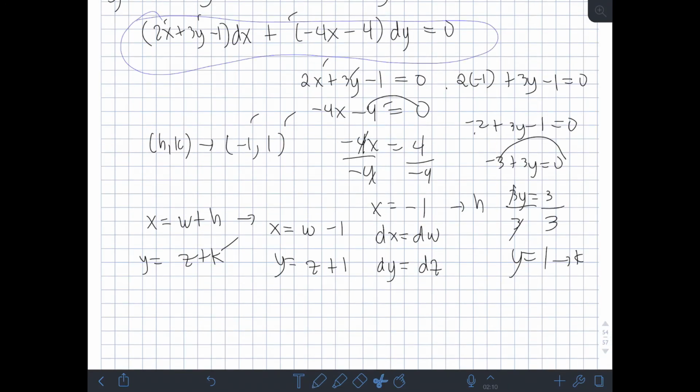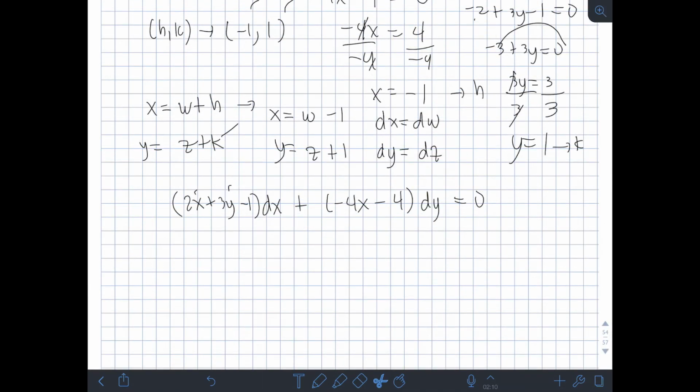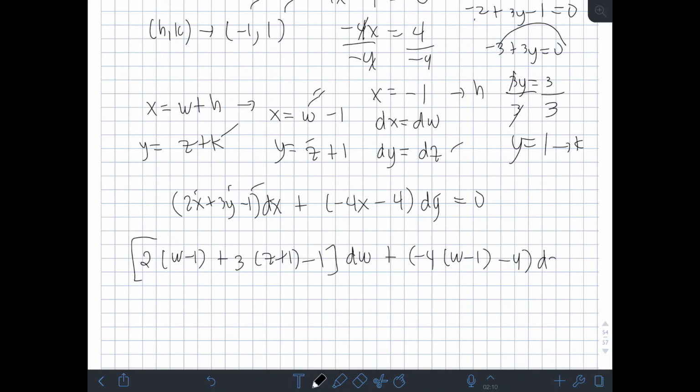So, kopyahin ko lang tong de. So, magiging 2x is w minus 1 plus 3, y is z plus 1, then minus 1, quantity, yung dx is dw, plus negative 4, x is w minus 1, minus 4, dy is dz, equal 0.